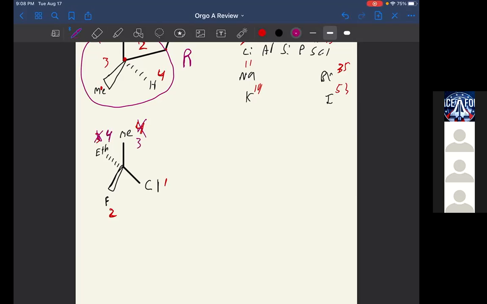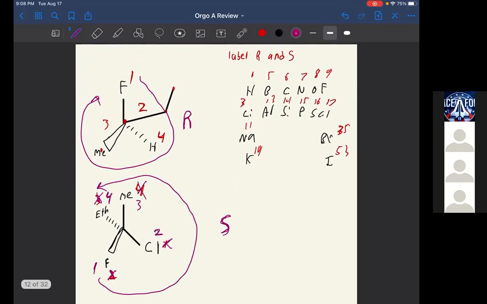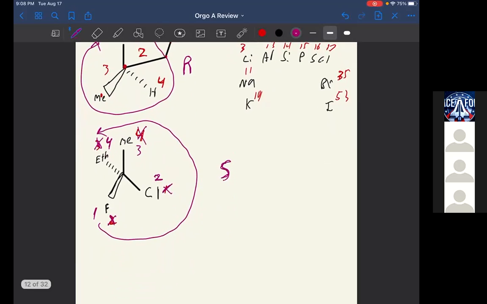This becomes 3. But if you do that, then you have to flip this 1 with this 2. So the fluorine actually becomes 1 and this becomes 2. And then you draw a circle and that's actually S. Does that make sense? Yeah. Okay, sounds good. So that's R and S configuration.